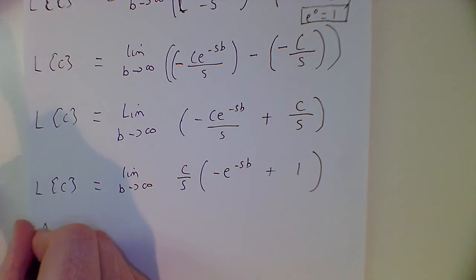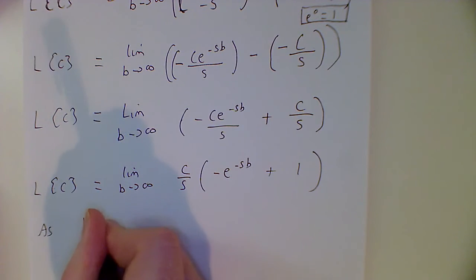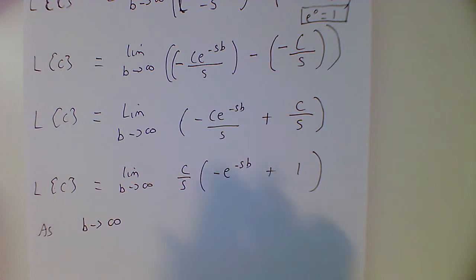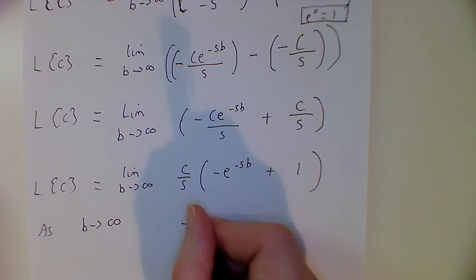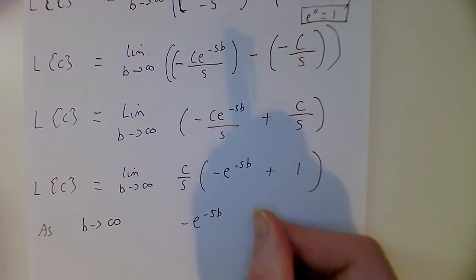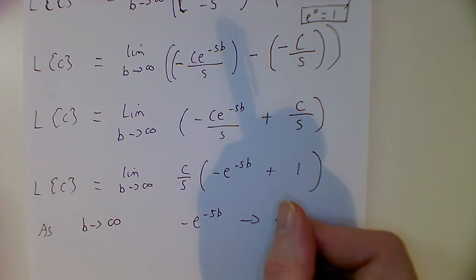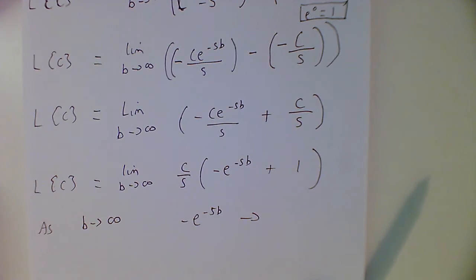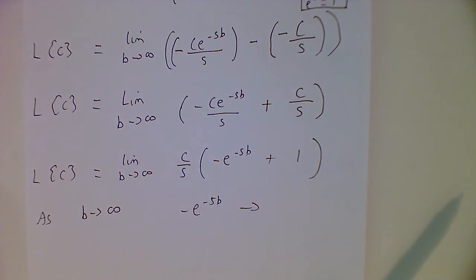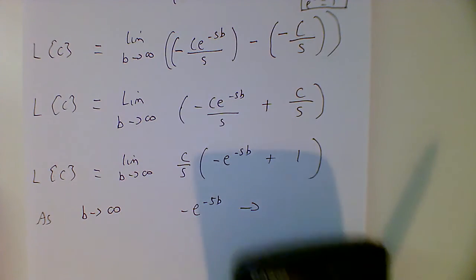Right, so as b goes to infinity, I need to know what happens to the term that's got the b in it. Right, so if that b becomes a really, really, really big number, what's my answer?